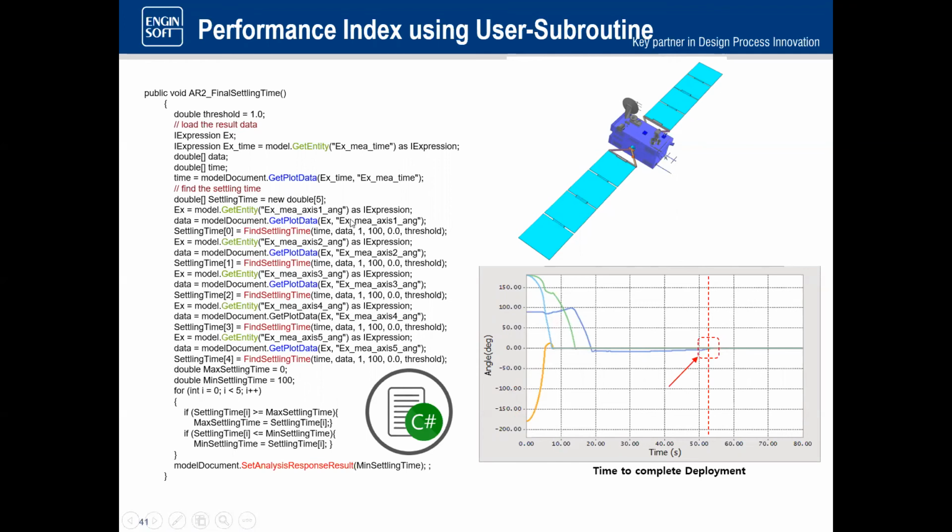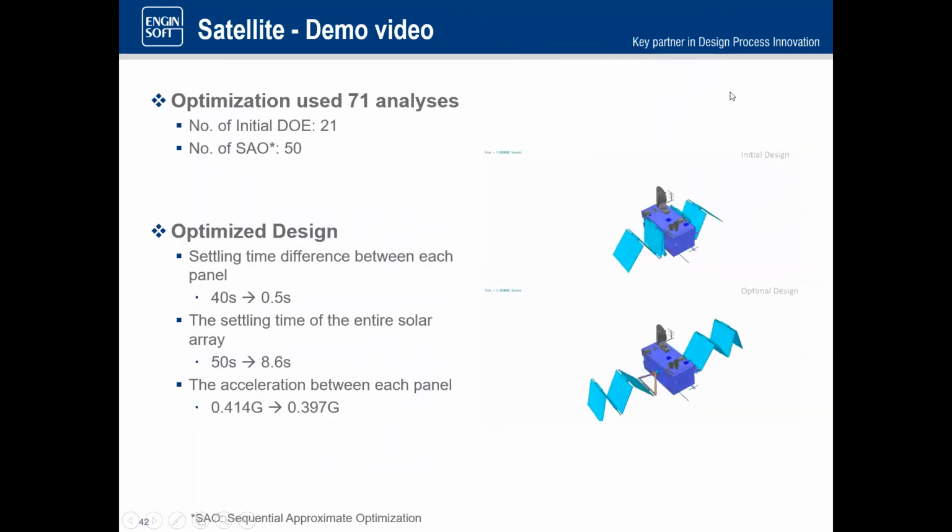So we're looking at the output of the simulation, the get plot data lets us go, and this is an expression to measure what's going on with the angle between panels. And so then we're going to monitor that, and based upon that data, then we can come up with these different settling time values, and then we can use that information to determine the maximum settling time between all the joints. So that option's available.